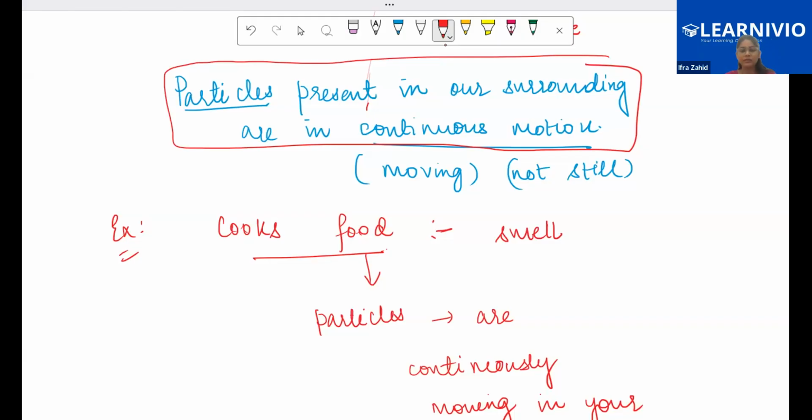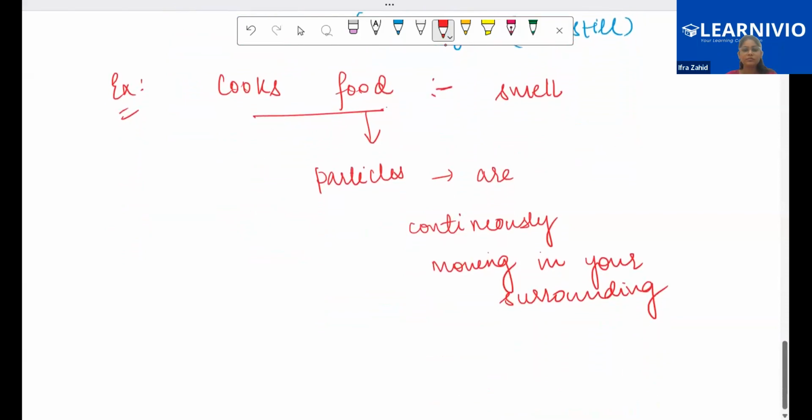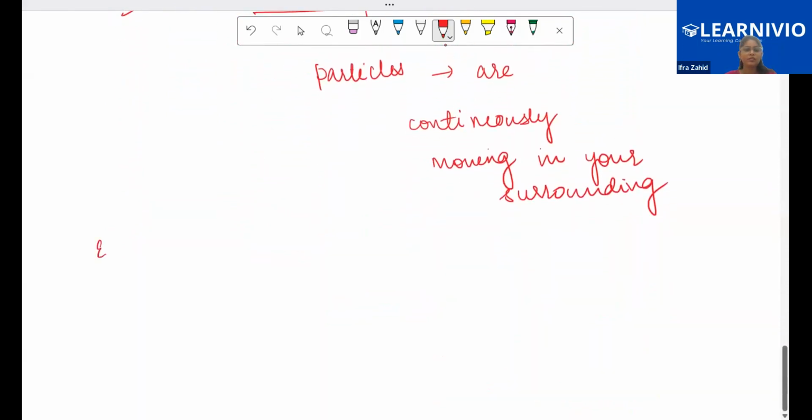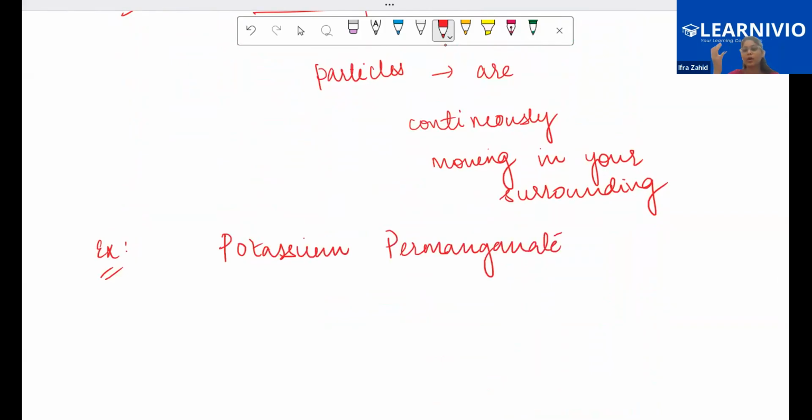Now another example can be, have you heard of a chemical called potassium permanganate? Yes, ma'am. It's very dark purple in color, right? Yes, ma'am.